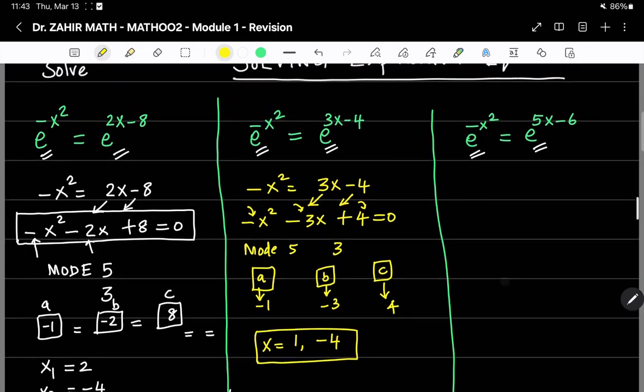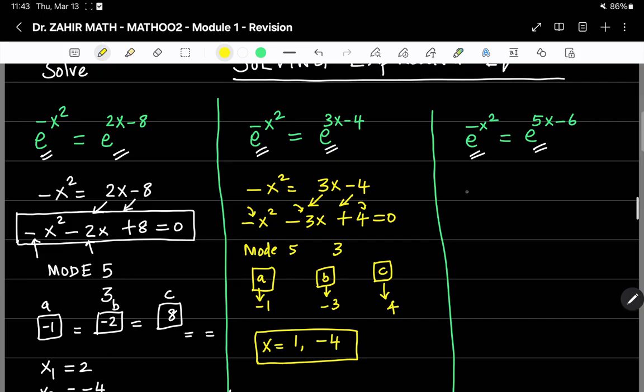Let me go to another question. Next question is minus x square equals 5x minus 6. So minus x square minus 5x plus 6 equal to 0. Again go to your calculator. Minus 1, minus 5 and plus 6, I'm getting x is equal to 1 and minus 6. 1, minus 6.